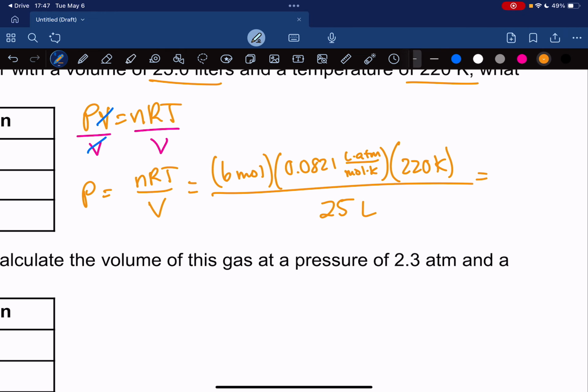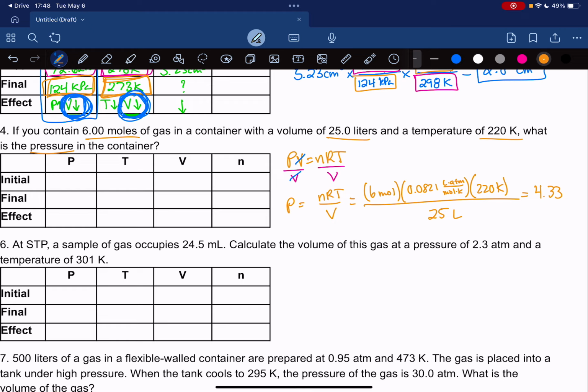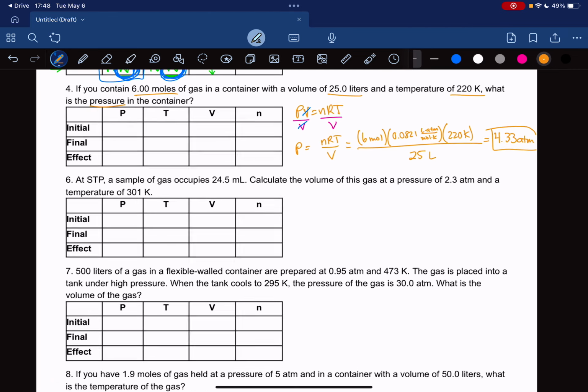That was easy. Let's just plug in our numbers now. 6 times 0.0821 times 220, divided by 25. I get 4.33. That must be the pressure in ATM. Very good. On to 6.